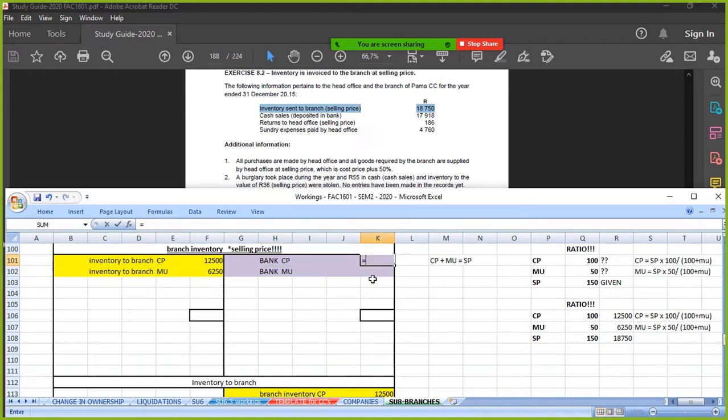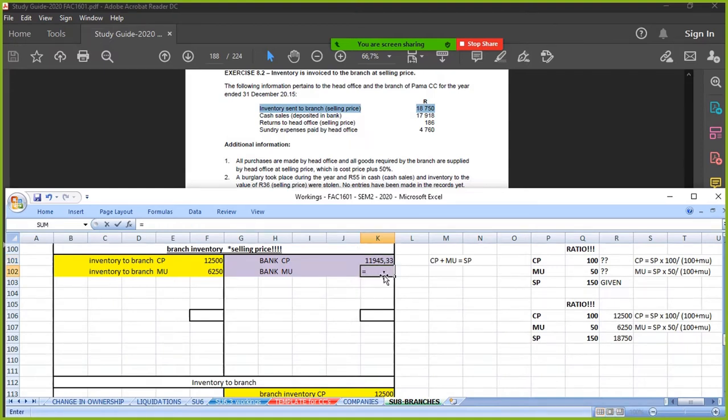This one I'm just going to do the working in the actual T account. What is it? 17,918, eh? Okay, times. Yes. Where's my ratio? Here. What do I want? I want cost. So times 100 divided by 150. That's my cost price. We'll leave it as near a cent.